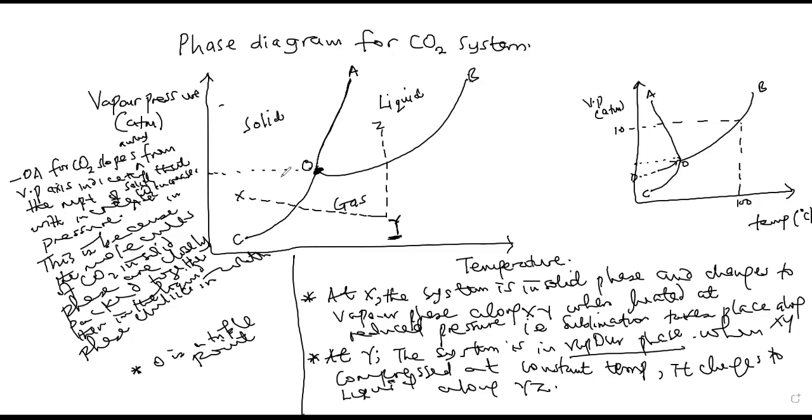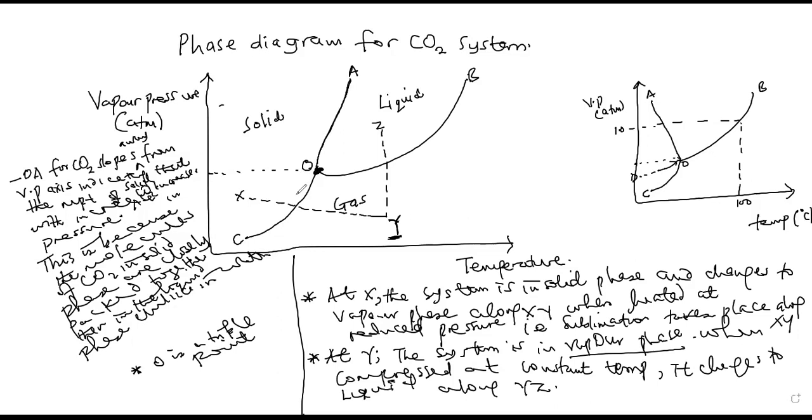And we can also look at the reason why the line OA slopes to the right. Of course, we have already talked about it: it's because the melting point of solid carbon dioxide increases as the pressure also increases.